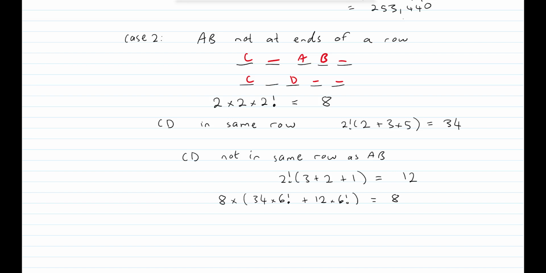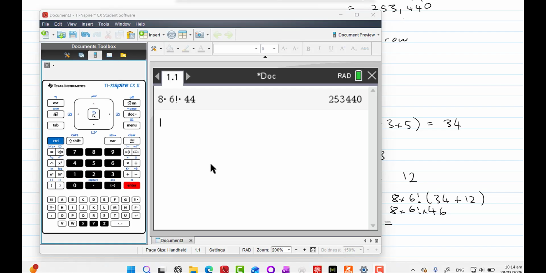So we can factor that out again. We're going to get 8 times 6 factorial, and that's 34 plus 12. So we get 8 times 6 factorial times 46.